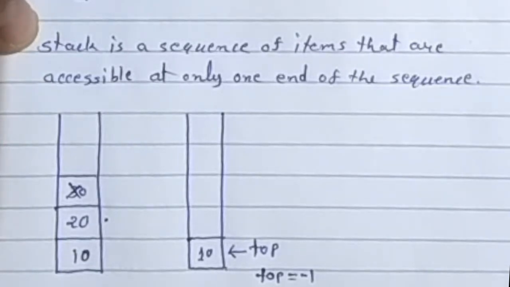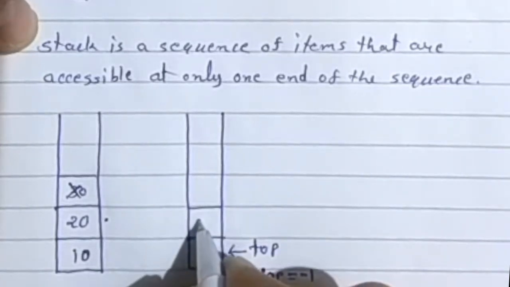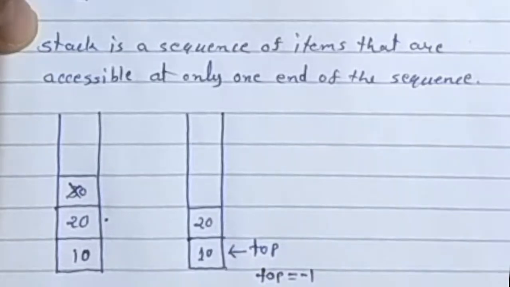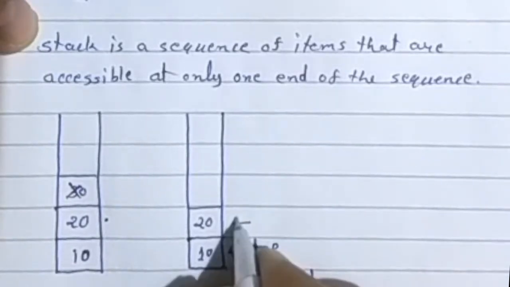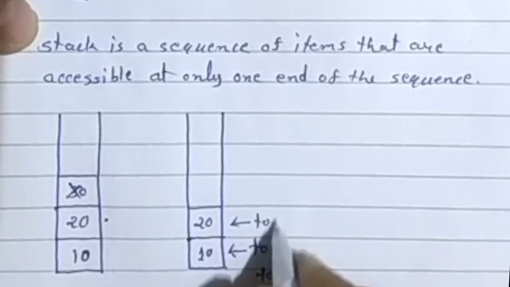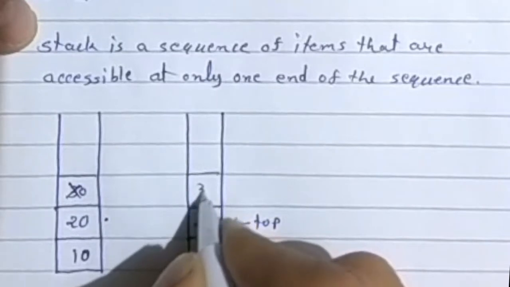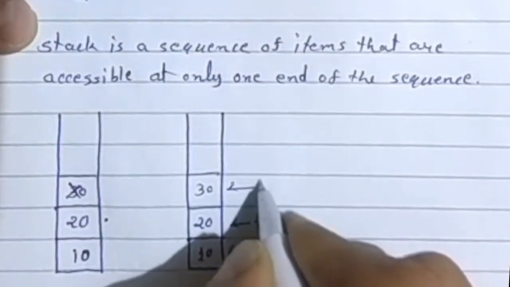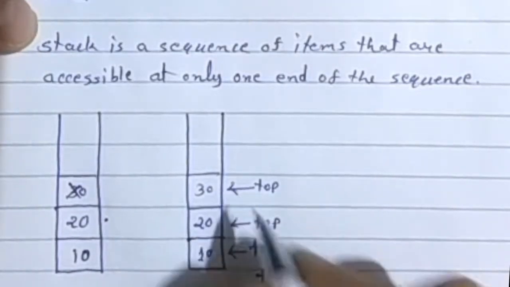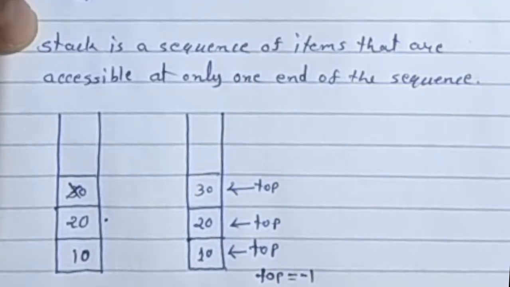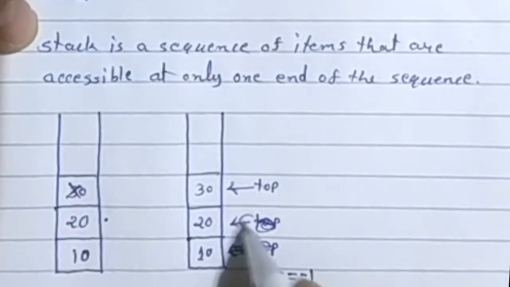Now if we add any element, for example we have added 20, this top will be increased and now this element will be referred by the top. Likewise, elements can be removed.